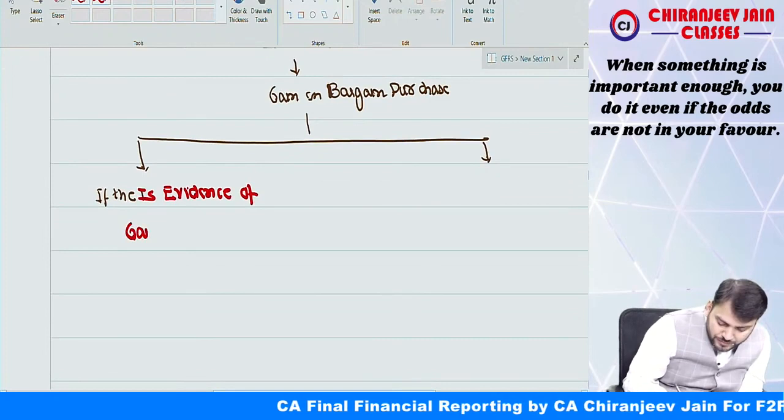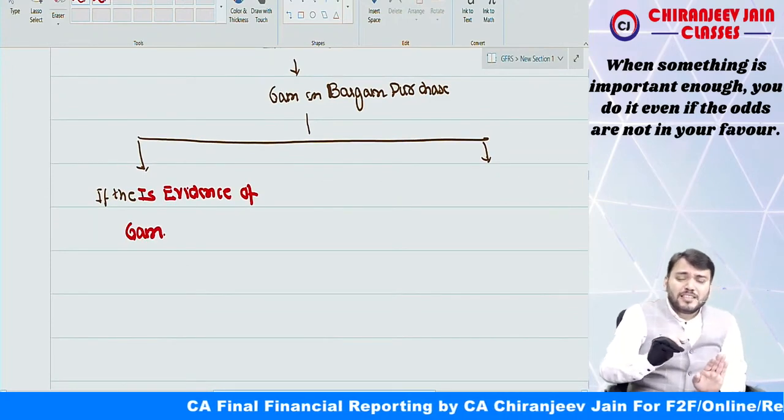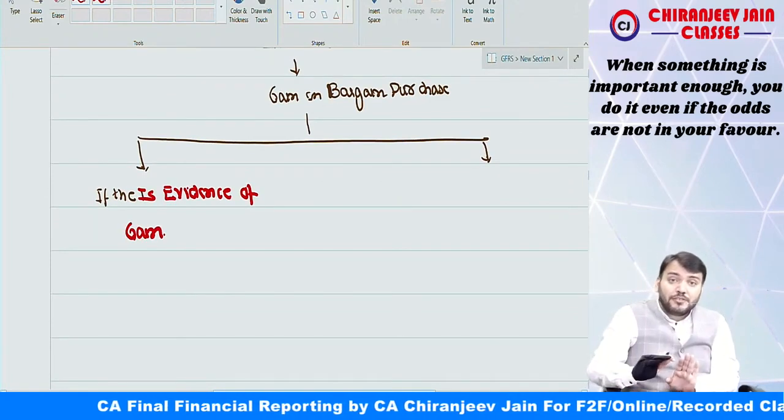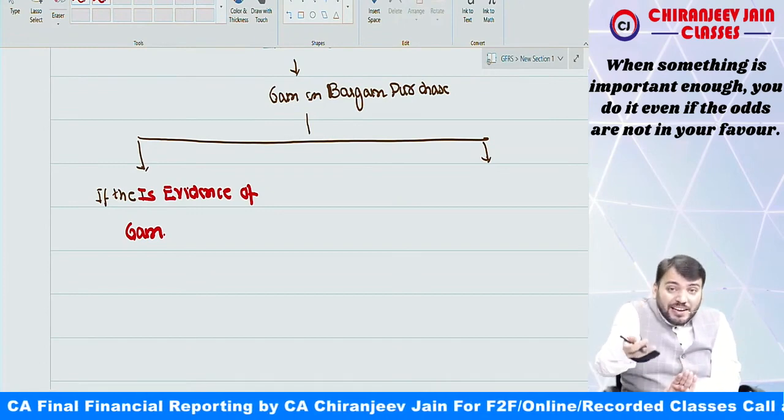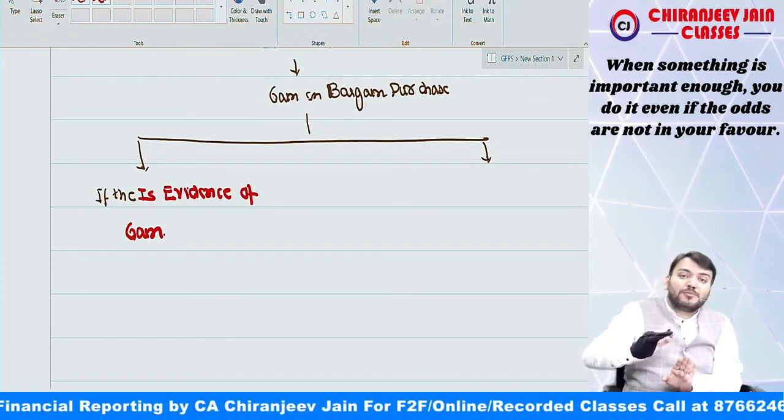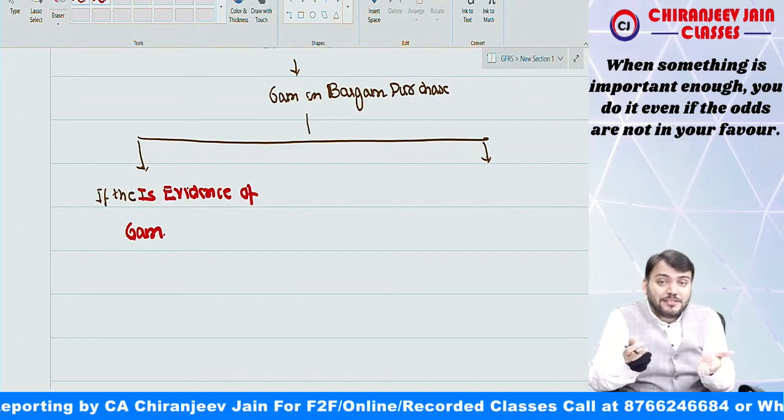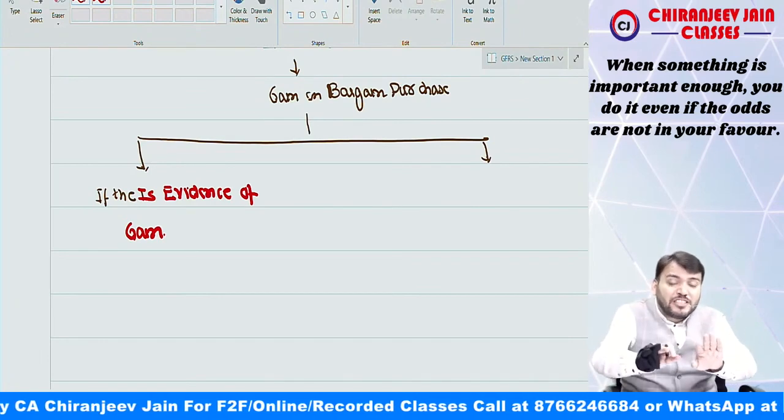if there is evidence of gain, correct? So what they are saying, bargain gain will arise only when the acquiree is under compulsion of sale. Then only we can do a bargain. Means the acquiree is under financial stress.